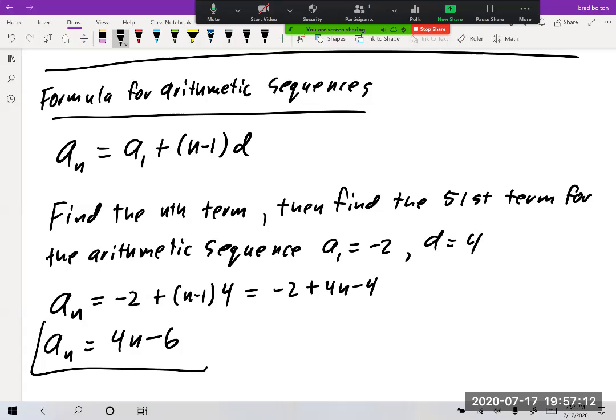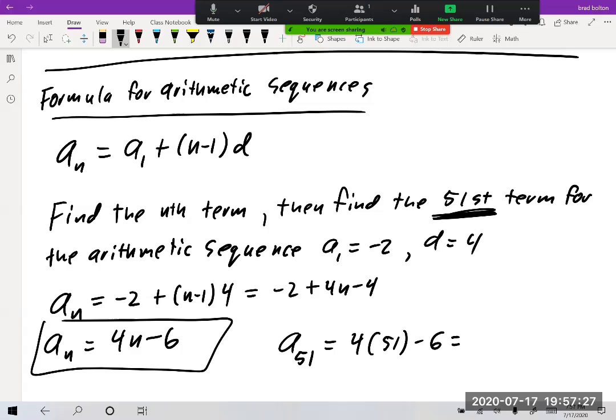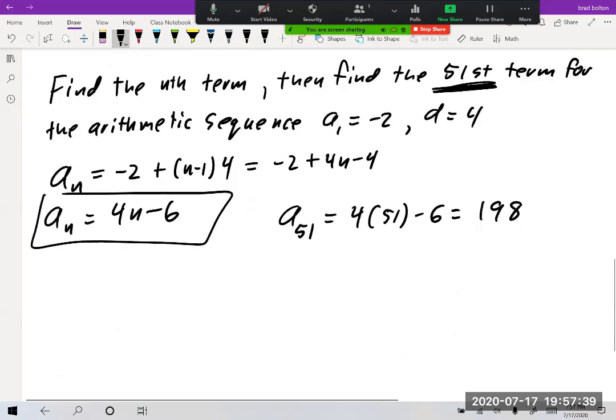So now I have my A sub n term, my general term or my nth term. So now I should be able to find any term I want. Well, they want the 51st term. So I just do A sub 51 is equal to 4 times 51 minus 6. So I just go on my calculator. It should be 204, but I'm just going to do 4 times 51 minus 6, and I get 198. And I'm done.